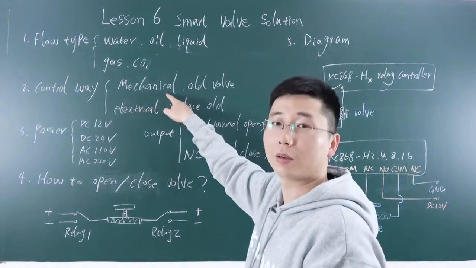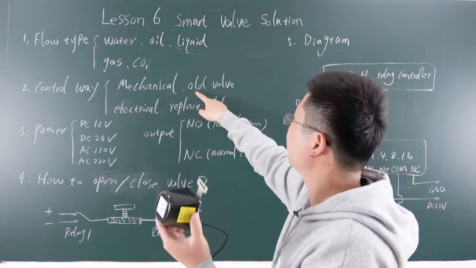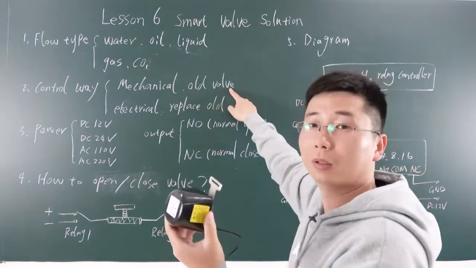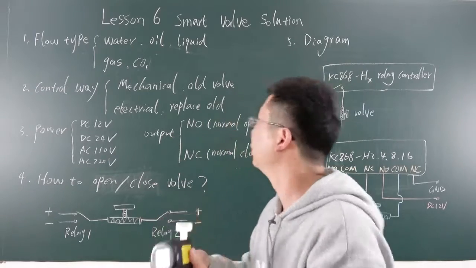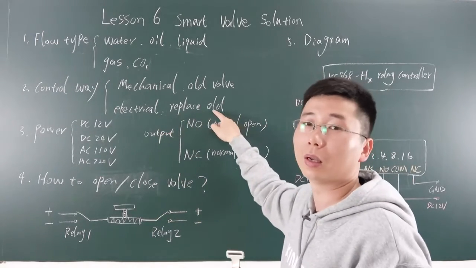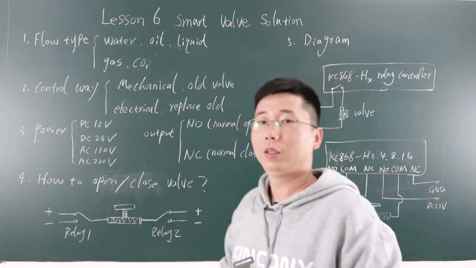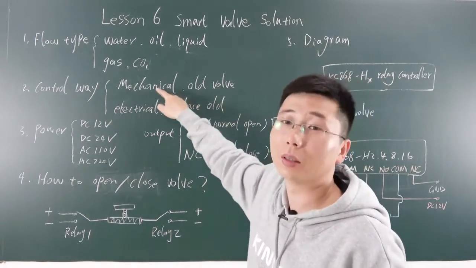So the mechanical way, you just use this. You can use the old valve. There is no need to replace the old valve with a new one. If you use the electrical valve, you need to replace the old valve. So if you already have a valve, using this way is easy.